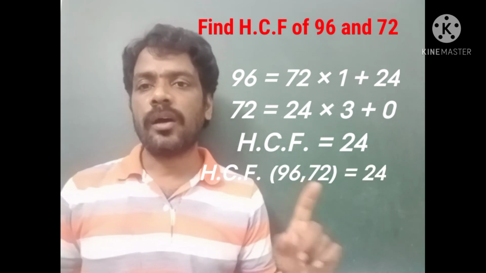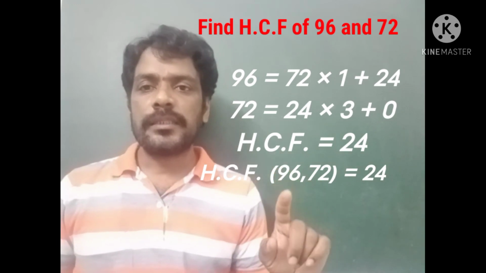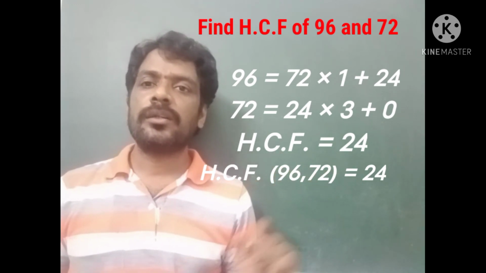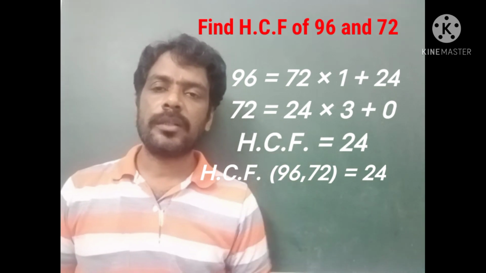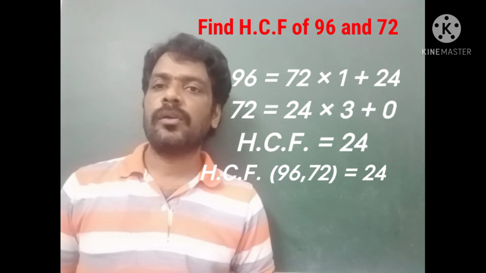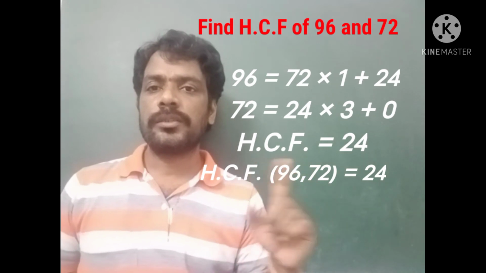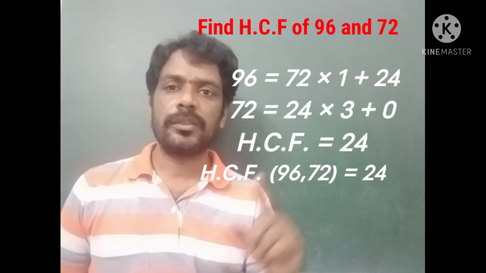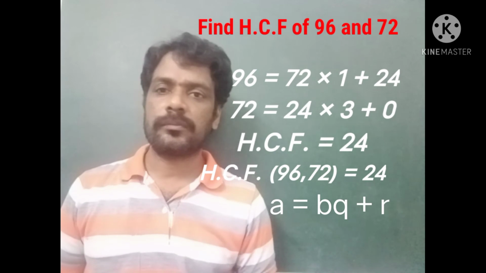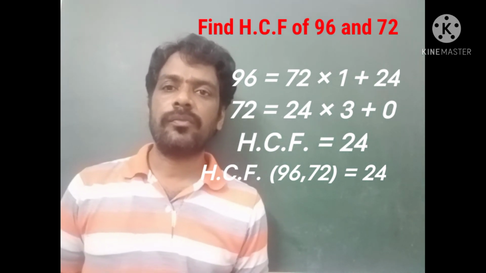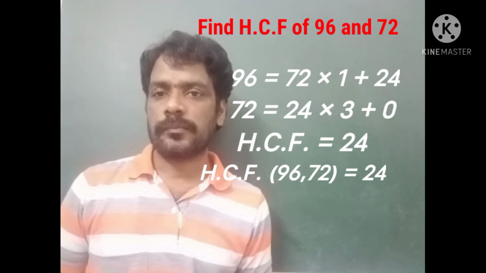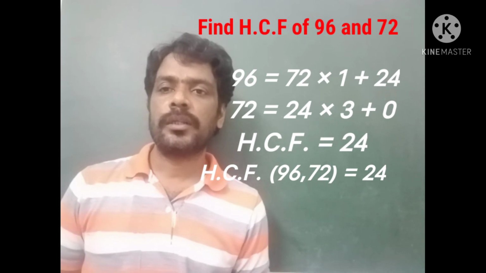So the HCF of 96 and 72 is 24. In this problem also, in each step we used Euclid's division lemma, A is equal to BQ plus R. Like this we can find the HCF of two integers by using Euclid's division lemma.